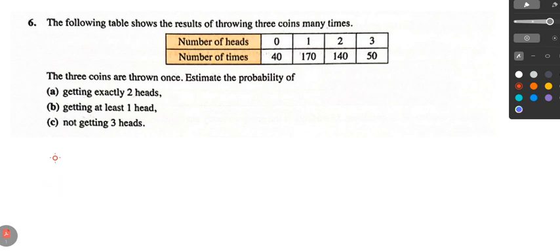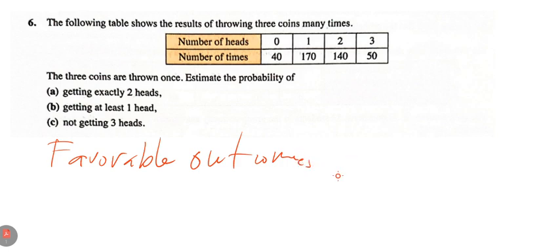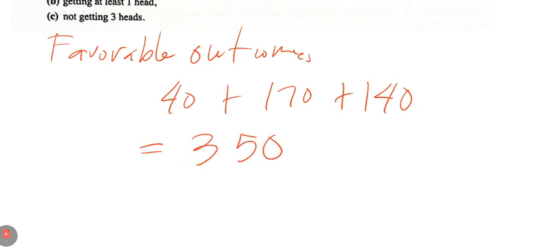To find it, let's add the favorable outcomes. So the favorable outcomes here are 40 plus 170 plus 140. Doing the addition using our calculators, that's going to be 350.